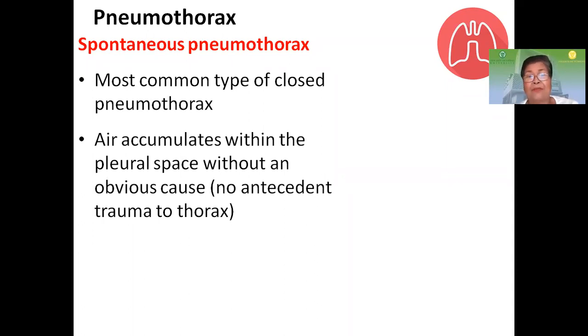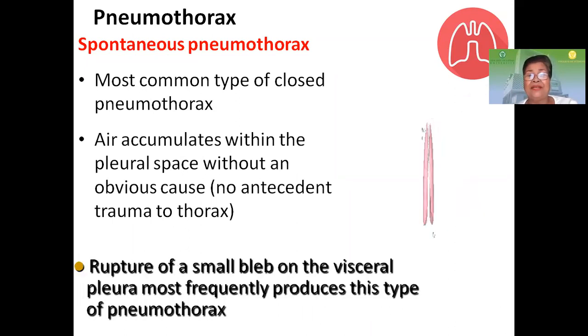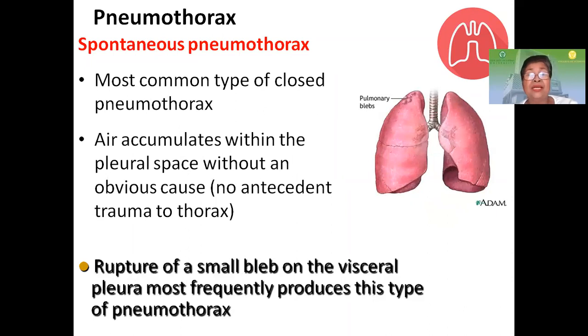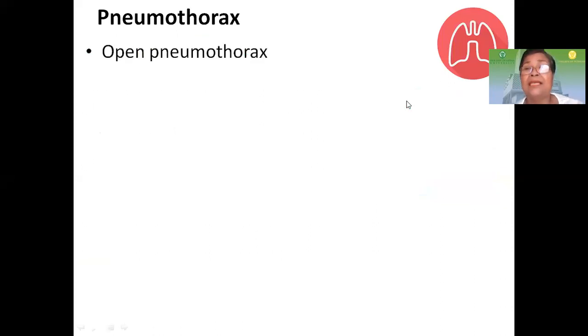Most common type of closed pneumothorax. No antecedent trauma. Spontaneous. Kailan mangyari yon? Ayun, a rupture of small bleb on the visceral pleura frequently produces this type of pneumothorax, which is a complication of emphysema. Spontaneous, ibig sabihin simple lang.